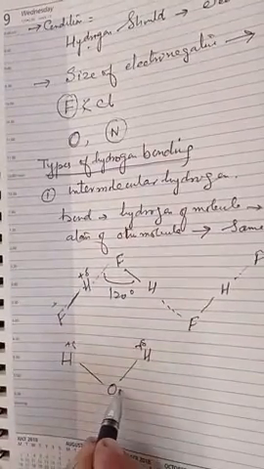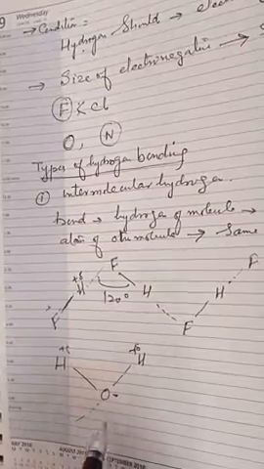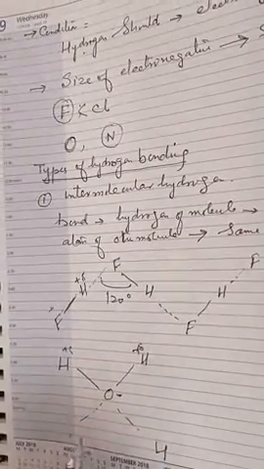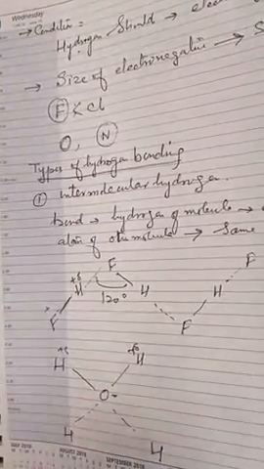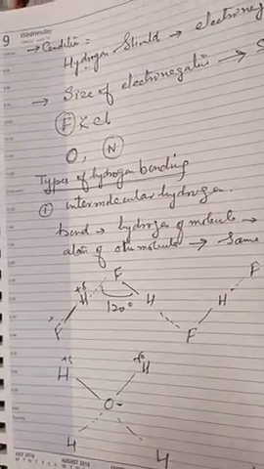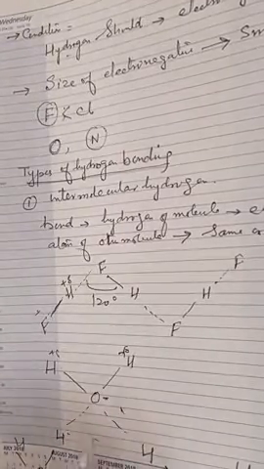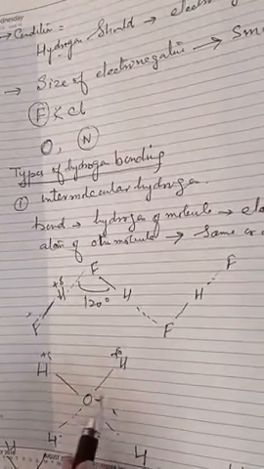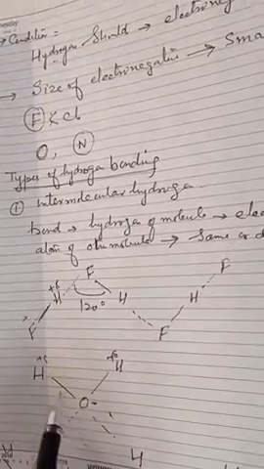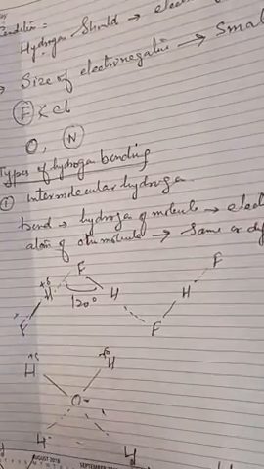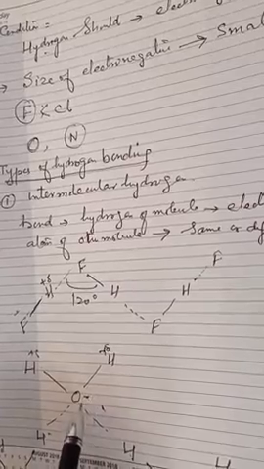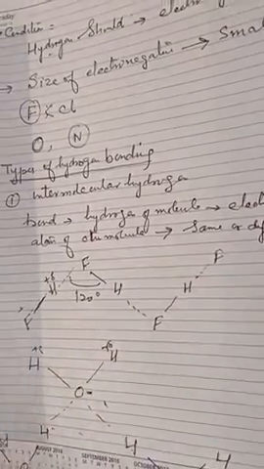Now oxygen, being an electronegative atom, attracts two more hydrogen atoms of another water molecule by hydrogen bonds. So this is intermolecular, between the hydrogen of one molecule and the electronegative atom of another molecule of the same substance.